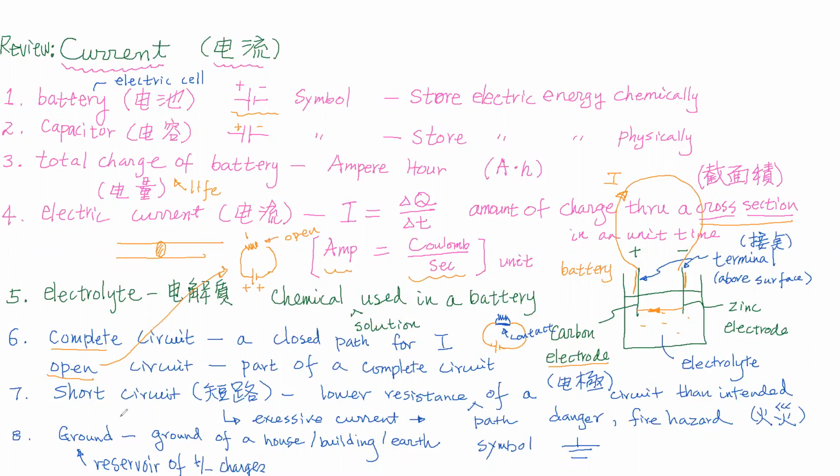In a short circuit, the R becomes smaller, the resistor drops. And in an open circuit, the resistor becomes infinity at that location. So short circuit, 短路, is a low resistance. Resistance we will learn later. It's R, in terms of ohm.